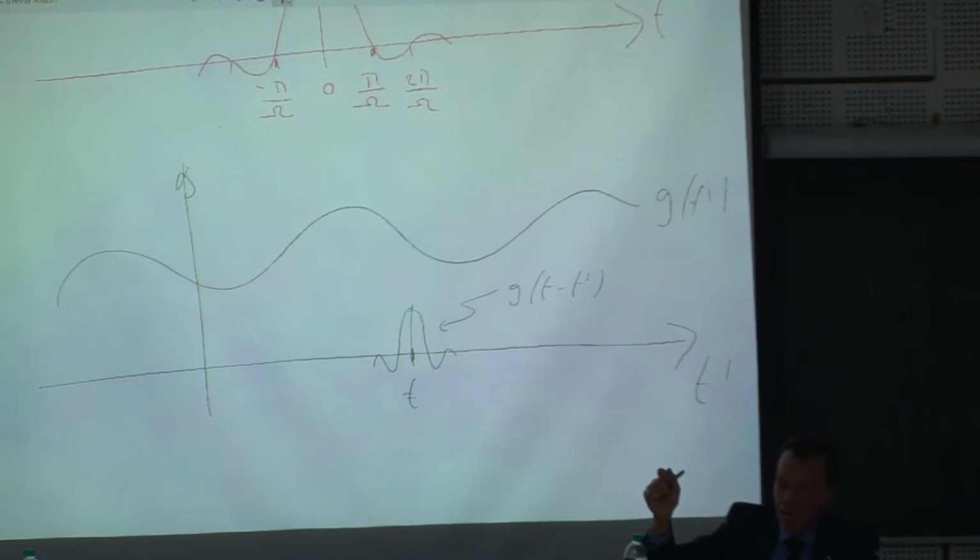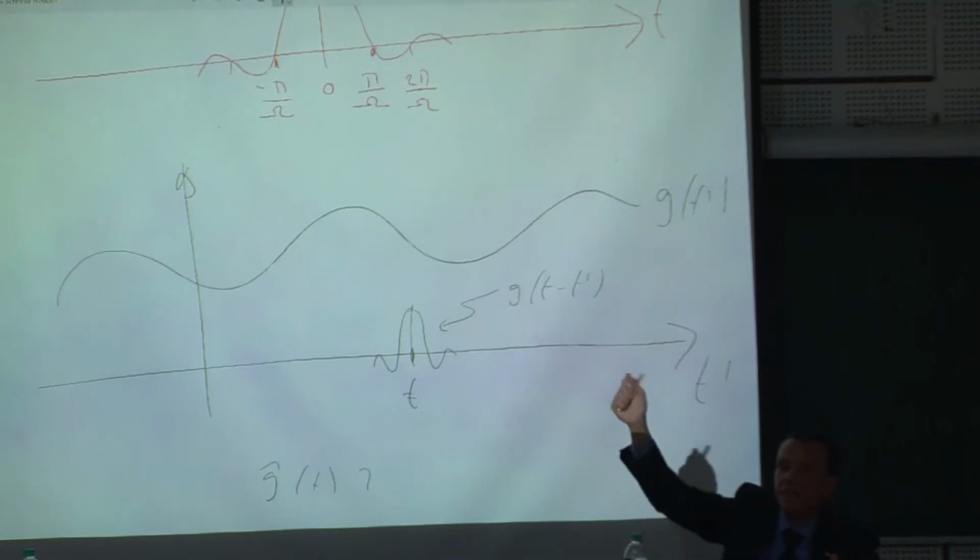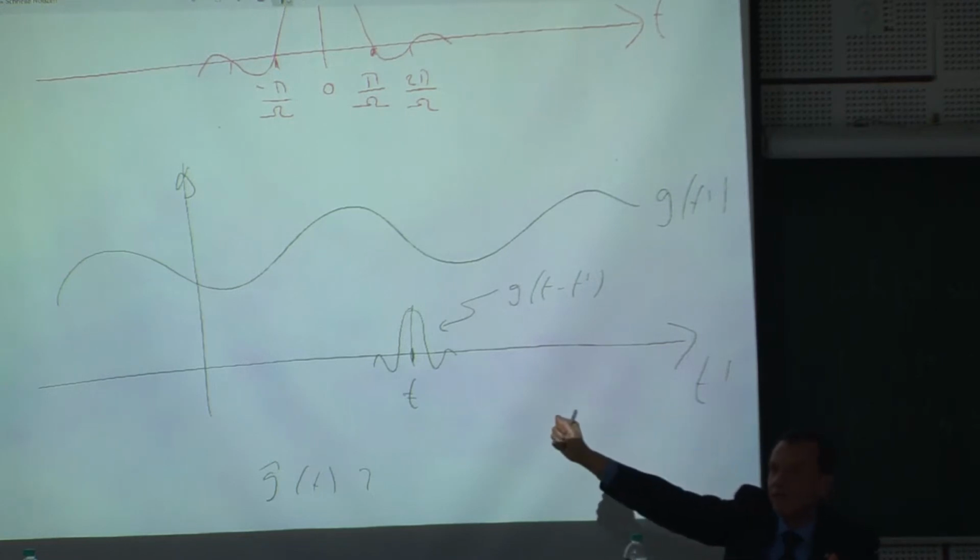And how can you construct g hat? So you take this as a flag and run along the t dash axis. The flag is situated at t.